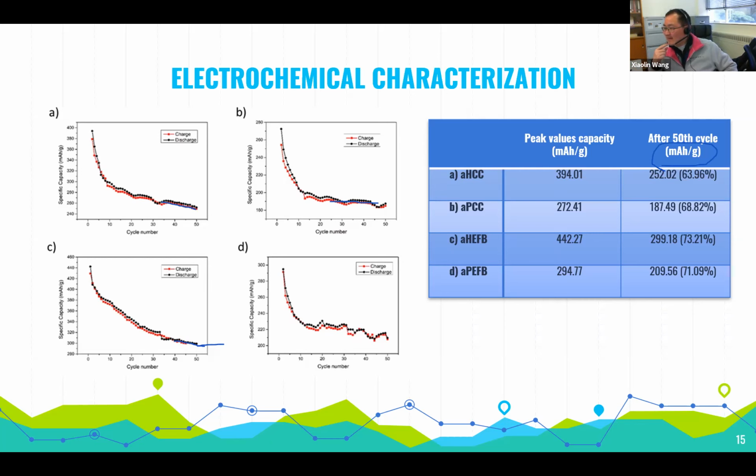Right. I think in the next work I will do longer cycles. Yeah, because I think you need to reach the stable condition. Then you know whether this battery has a good capacity or a low capacity. Otherwise, for this one that continues dropping, after 100 cycles it may drop to 0, you do not know.